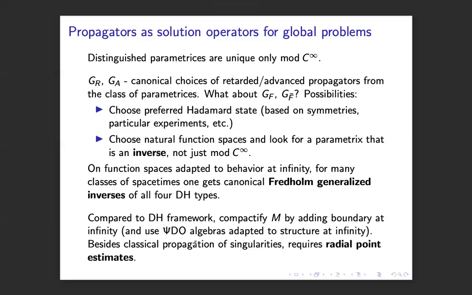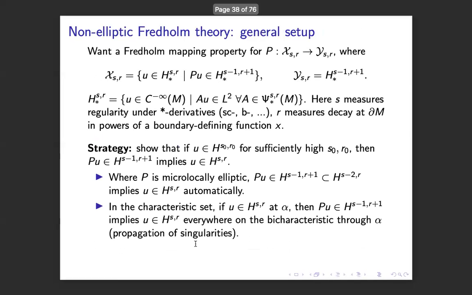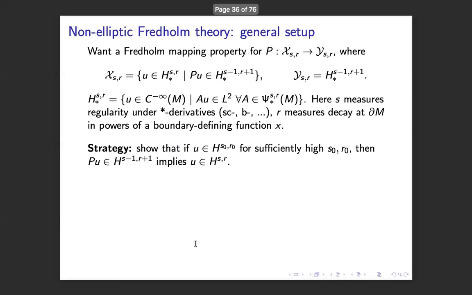So the idea is, what do we want? We want to build propagators as inverses of the Klein-Gordon operator on some spacetime. So what are the kinds of spaces that we look at?